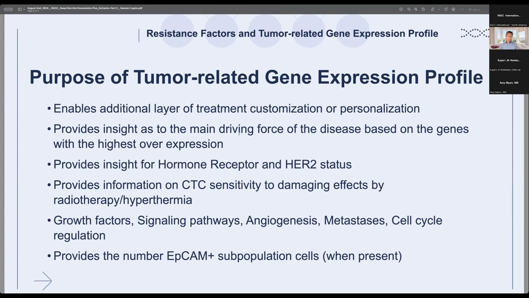Now, if you have just the chemosensitivity test results and you don't have the gene expression, yes, you can use the chemosensitivity, but there's not enough to broaden your scope because you don't know what other genes you could be working on to block, to downregulate, to alter the metabolic pathways.